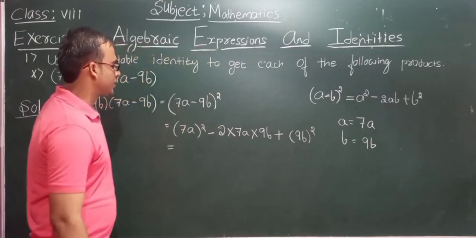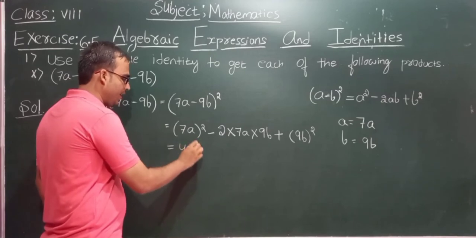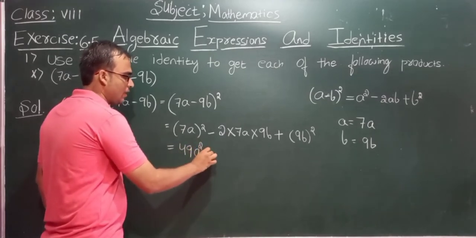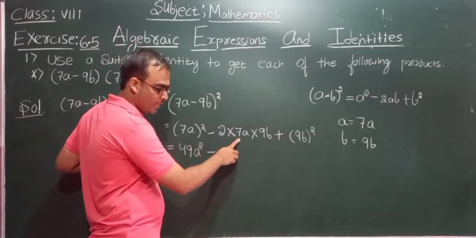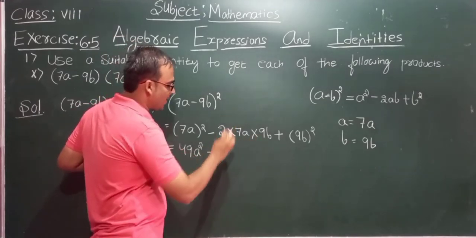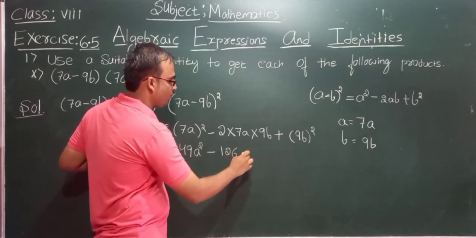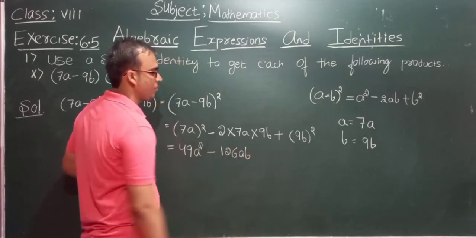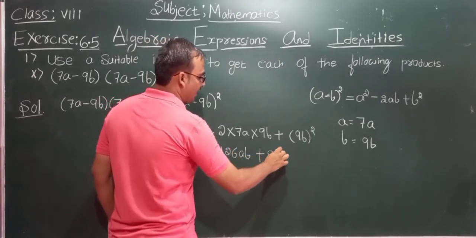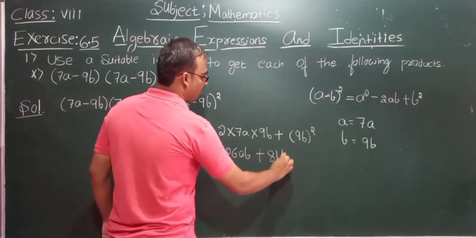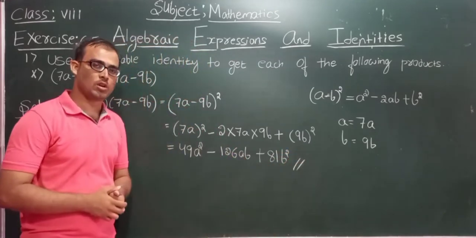Okay, next, 7 7s are 49, 49 a square, minus, next, 2 7s are 14, 14 9s are 126. Next, a into b will be ab, plus 9 9s are 81 b square. Okay, so this will be the solution of 10th problem.